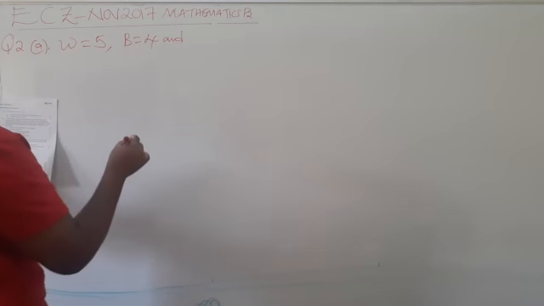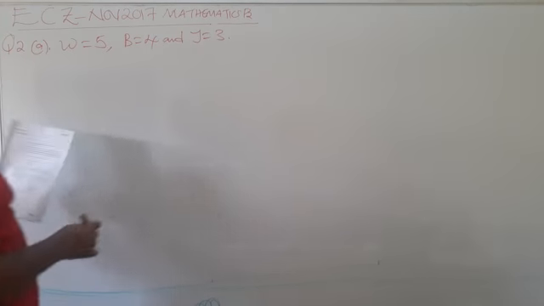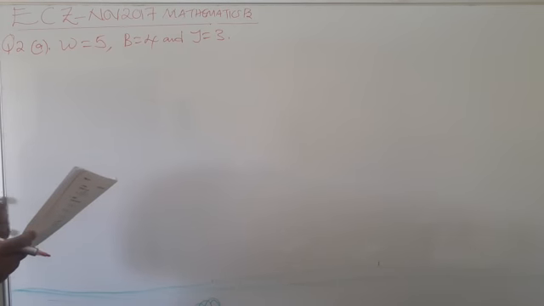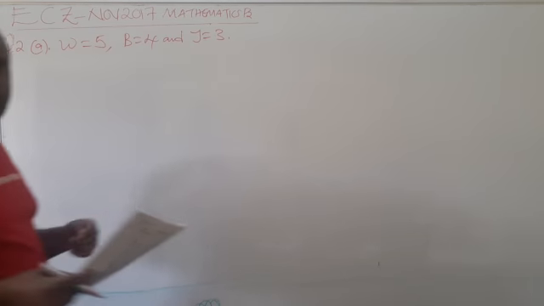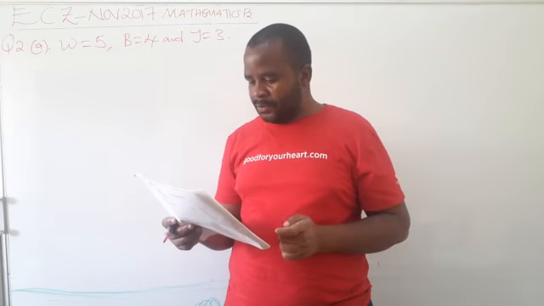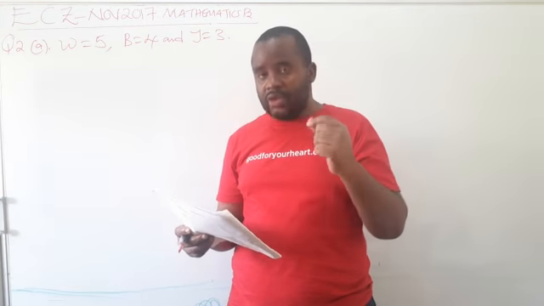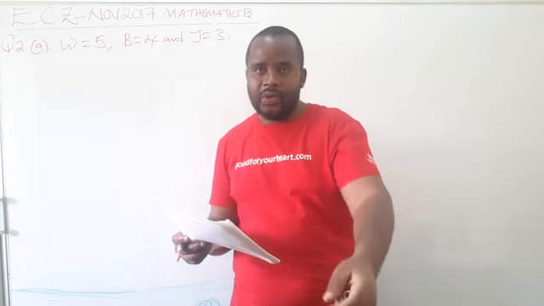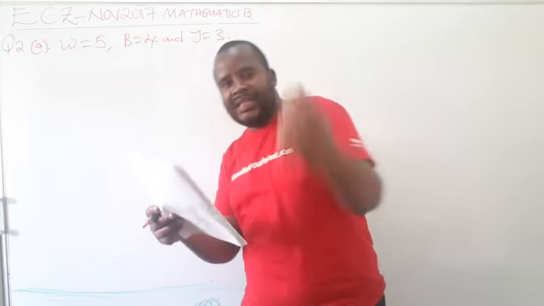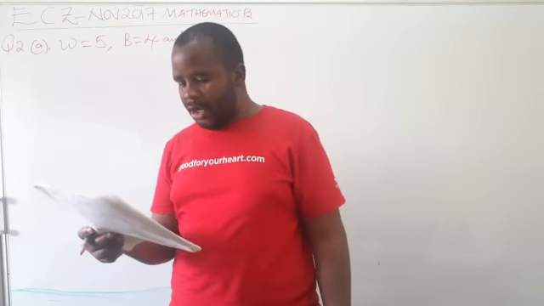And yellow ones, we have 3 pieces of chalk. A piece of chalk is selected at random from the box and not replaced. So you pick one and you don't replace it. A second piece of chalk is then selected. So in total you'll have selected 2. You don't replace it, you go and pick a second one. Alright? So 2 pickings.